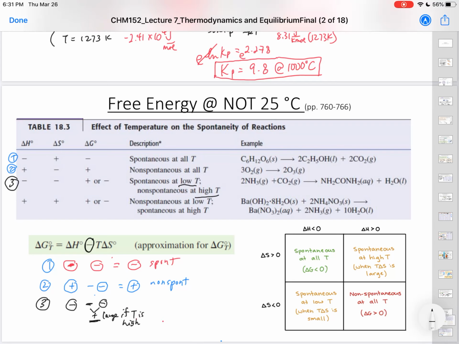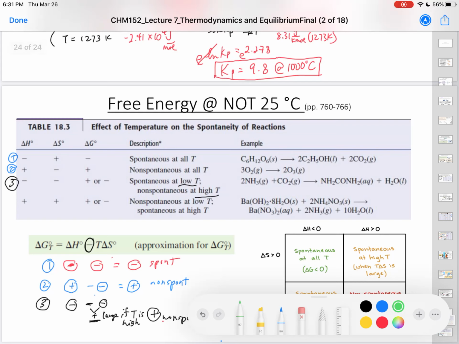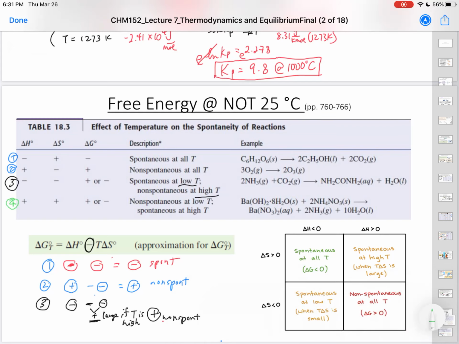Because if T is very high, then this value is large, then it's going to be very positive, and then you get non-spontaneous. If T is very, very low, vice versa, then you get spontaneous. The last situation, again, is like that.